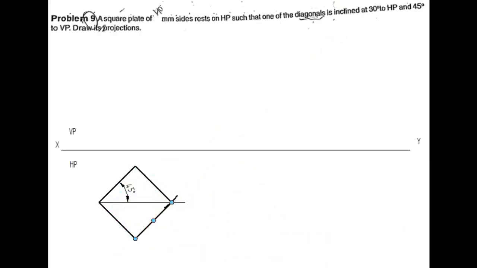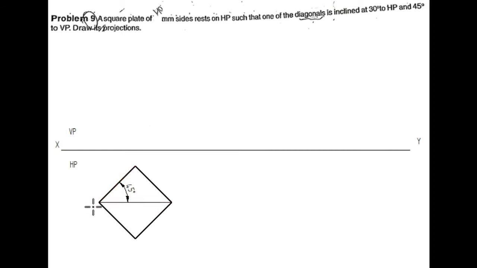Yes. Now I will get the square lamina which has been resting on one of its corner and the representation of diagonal has been shown. That is how the first representation of a square lamina has to be placed according to this problem.